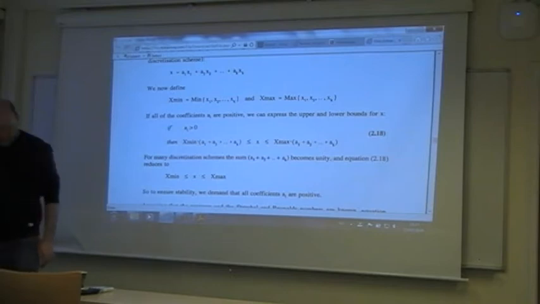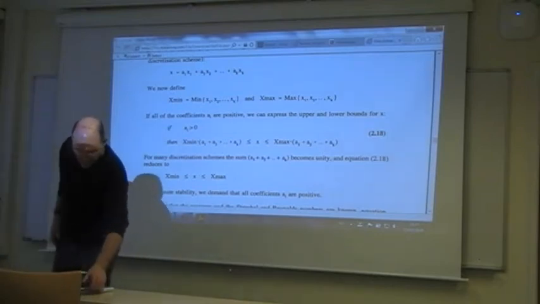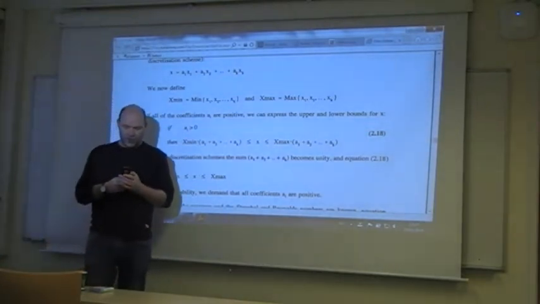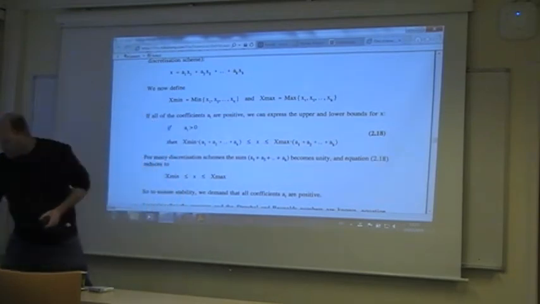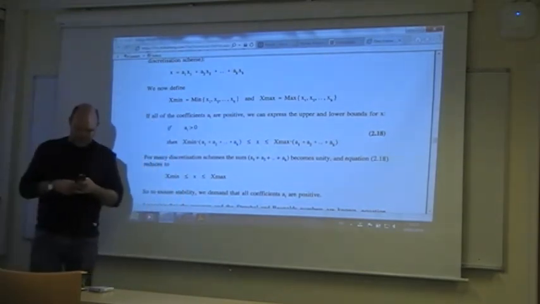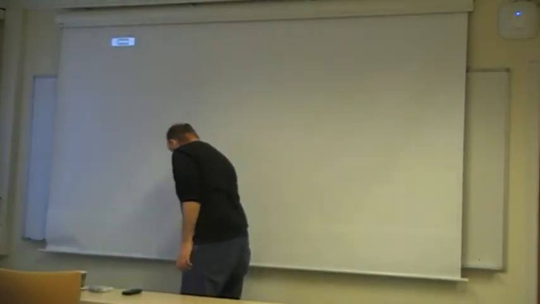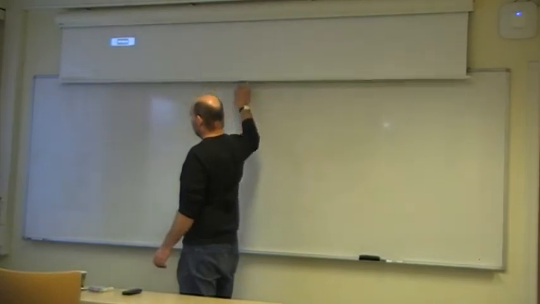So let us try it on the different schemes that we had. I have to write them up again. For the advection equation, it should be here somewhere.